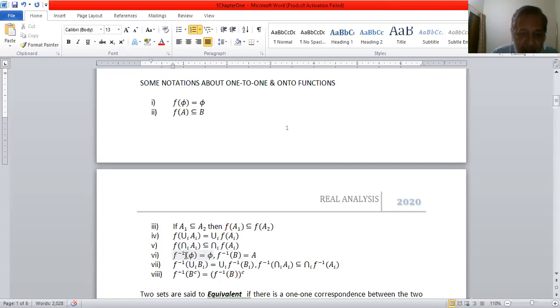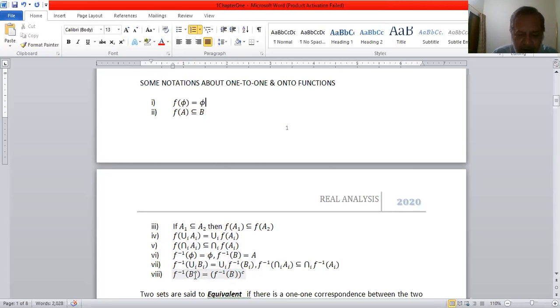If you take the inverse image of the null set, it will be null, whereas the inverse image of the whole set B will be A, and that is in the case of onto function. Similar notations are defined in the next two.